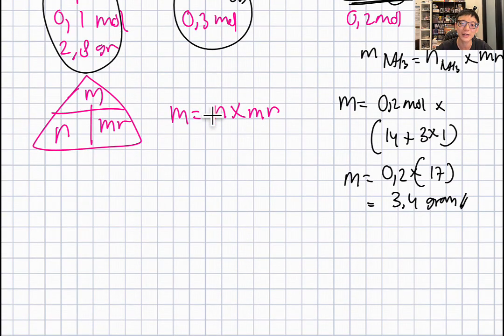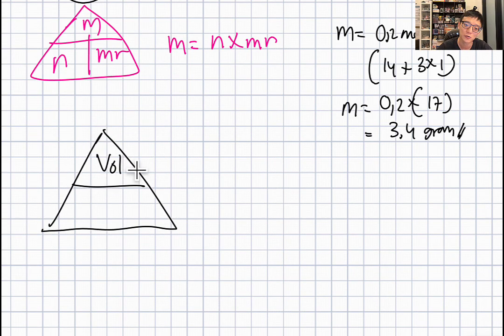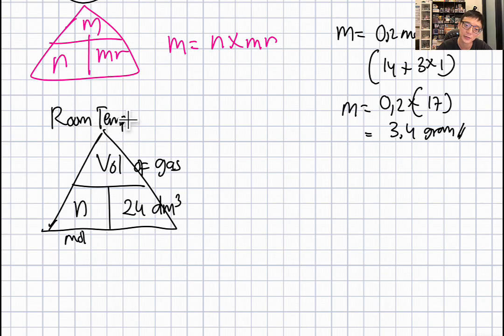So this is where I introduce a new triangle. The second triangle is the volume of gas. So volume of gas is equal to the mole multiplied by 24 decimeter cube. This condition can be used at room temperature and pressure, or RTP.